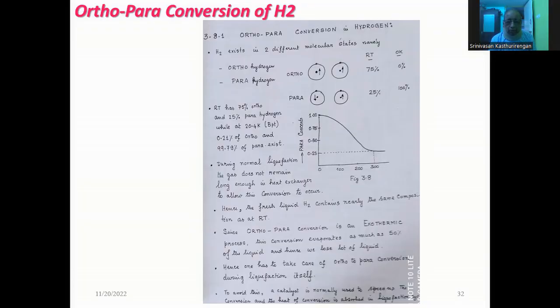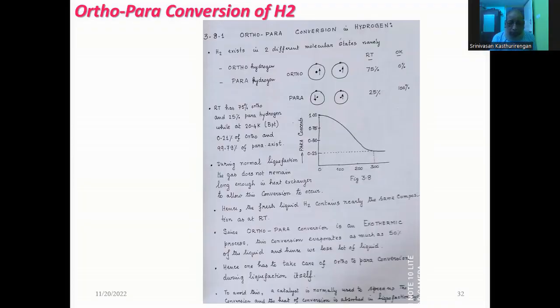So there is a conversion of the hydrogen from the ortho state to the para state. Now this happens during the normal liquefaction process. The gas does not immediately get converted. It tends to remain in the ortho state. But after the liquefaction is over, then the conversion tries to occur.